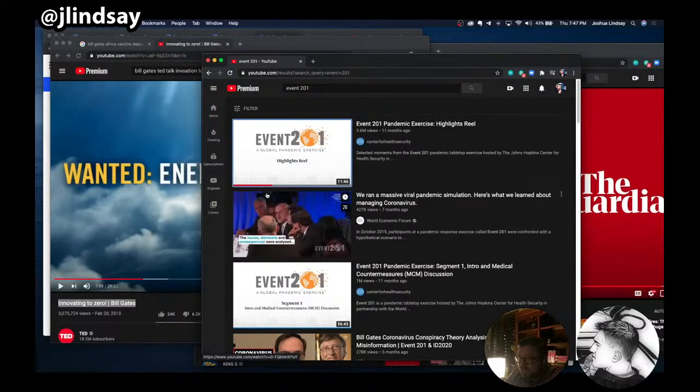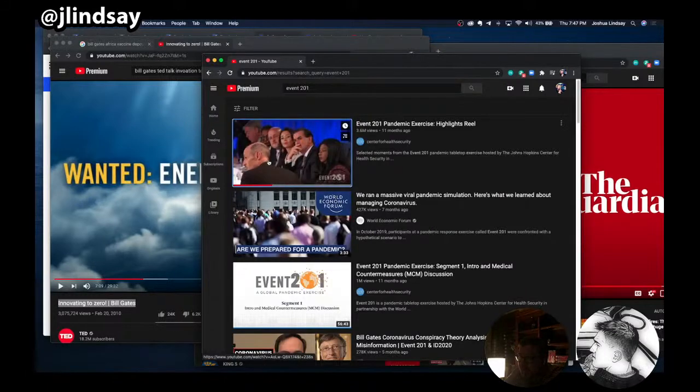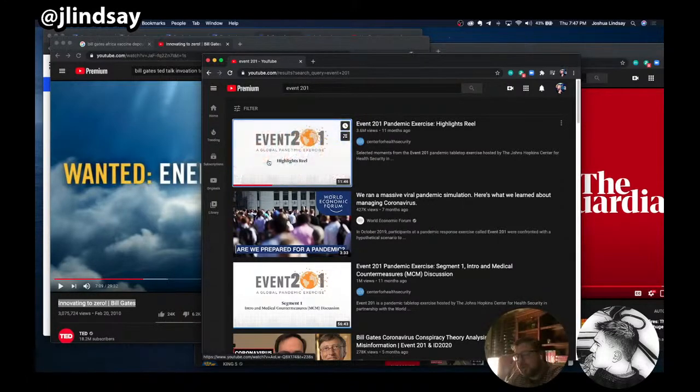So Event 201 is about somewhere in October of 2019 or maybe September of 2019, before the COVID outbreak. And by the way, they were in 2015 or 16. Bill Gates was prophesizing supposedly about future virus outbreaks that would require vaccines, and that's why he's investing billions and billions of dollars in it.